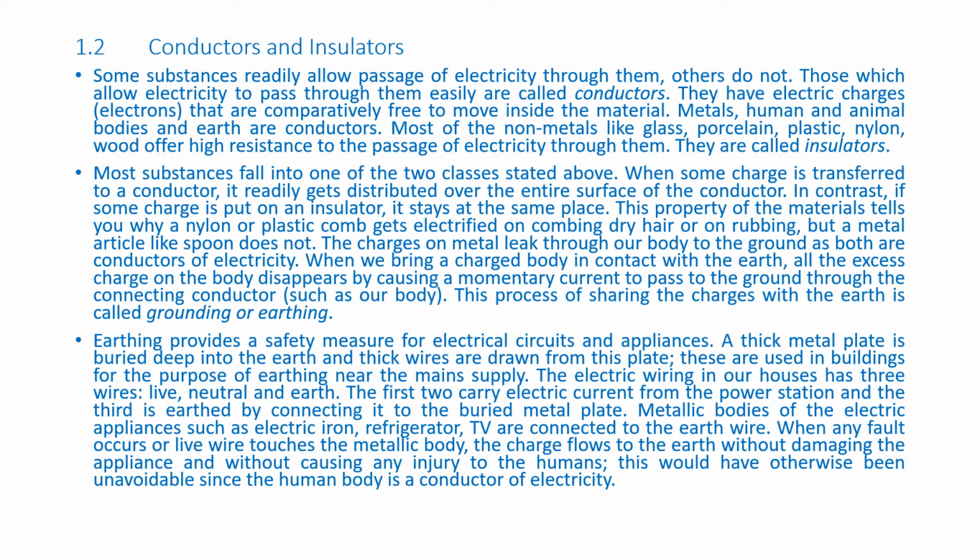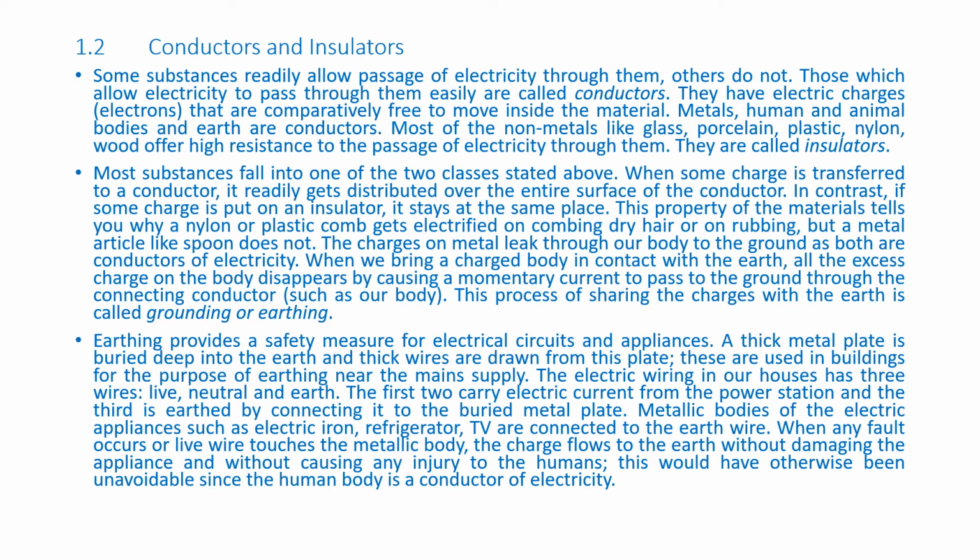The electric wiring in our houses has three wires: live wire, neutral wire and earth wire. The first two wires, live and neutral, carry the current from the power station, and the third is earthed by connecting it to the buried metal plate. Metallic bodies of electric appliances such as iron, refrigerator and TV are connected to this earth wire.